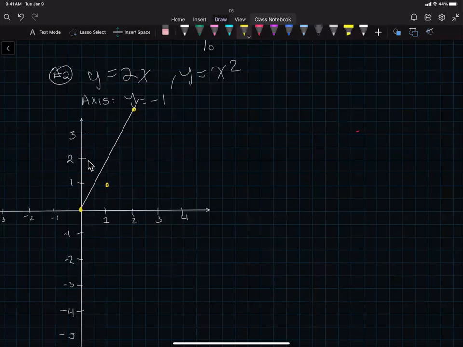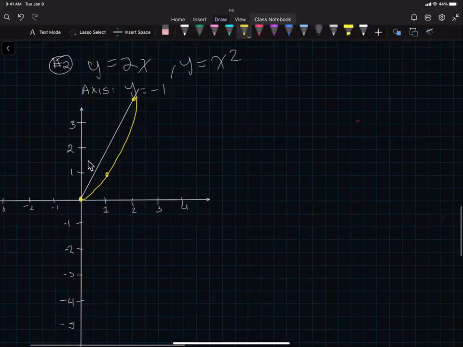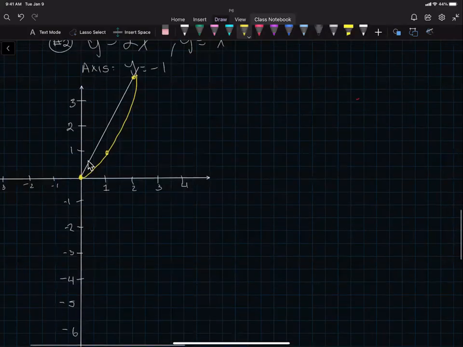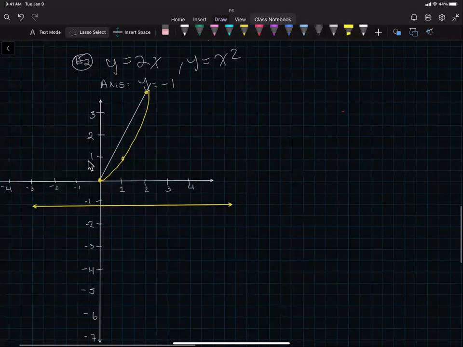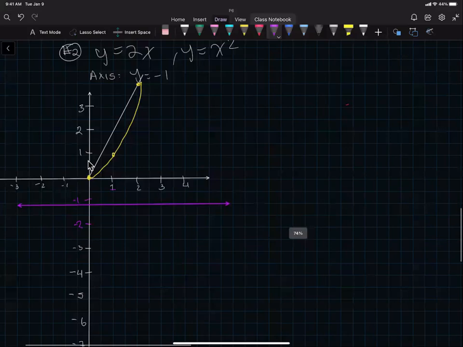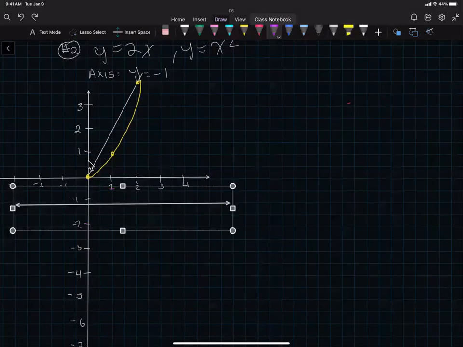Okay, something like that. And we have y equal to -1 as my axis of rotation. And let's color that a different color. Purple.